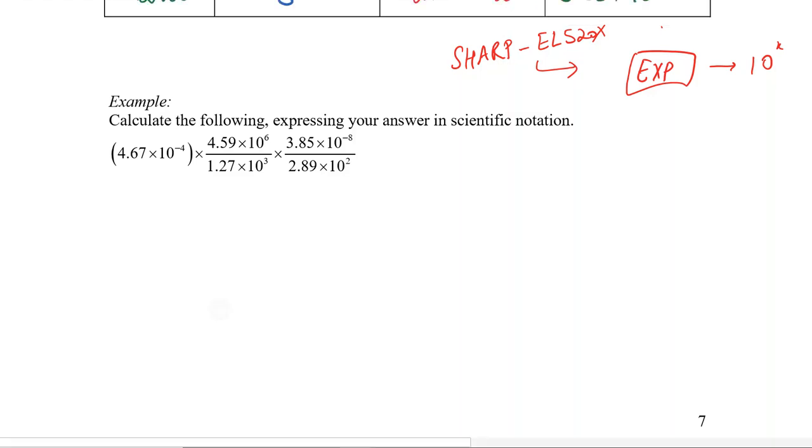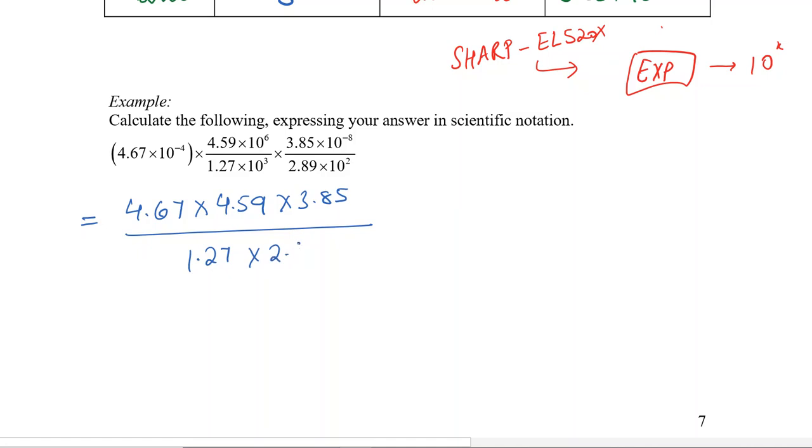In this one, we have so many powers of 10. So I'm going to separate out all the other numbers: 4.67 times 4.59 times 3.85 on the top, and 1.27 times 2.89 on the bottom.